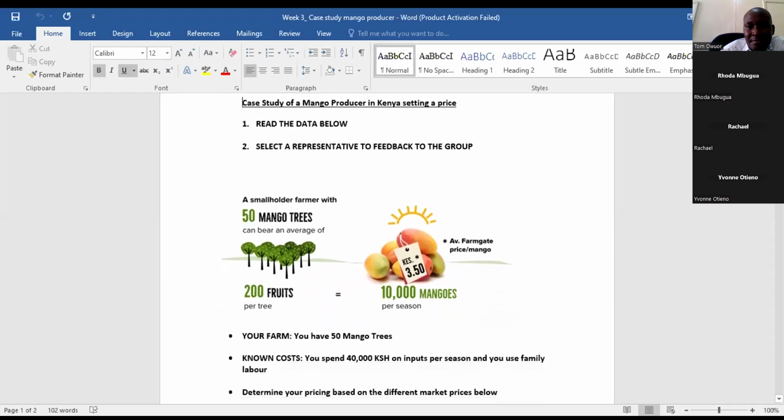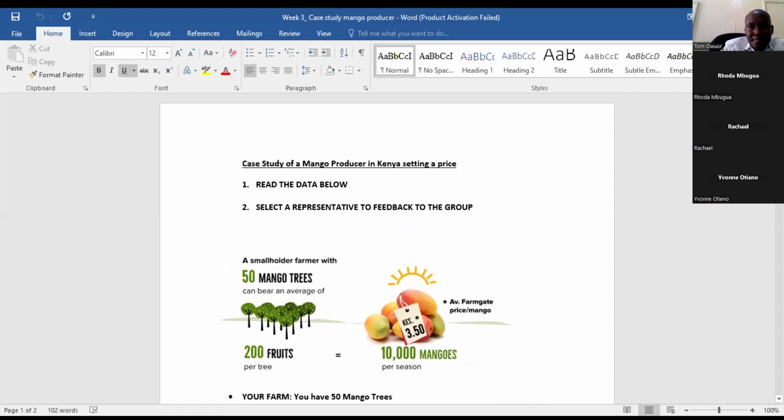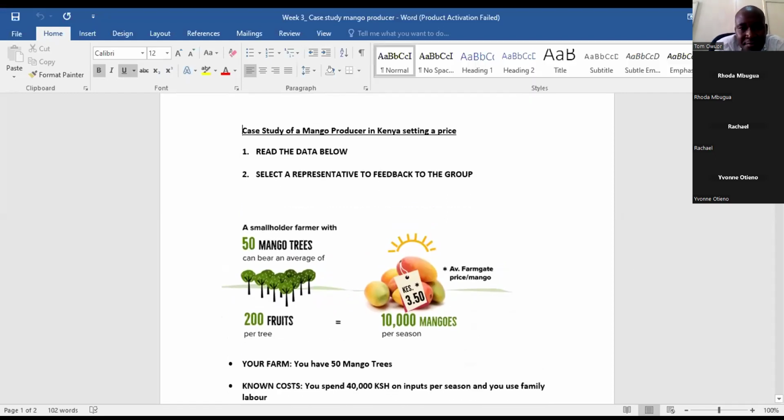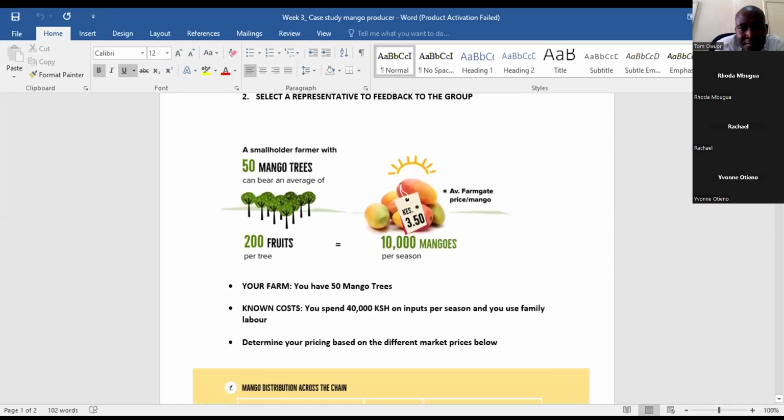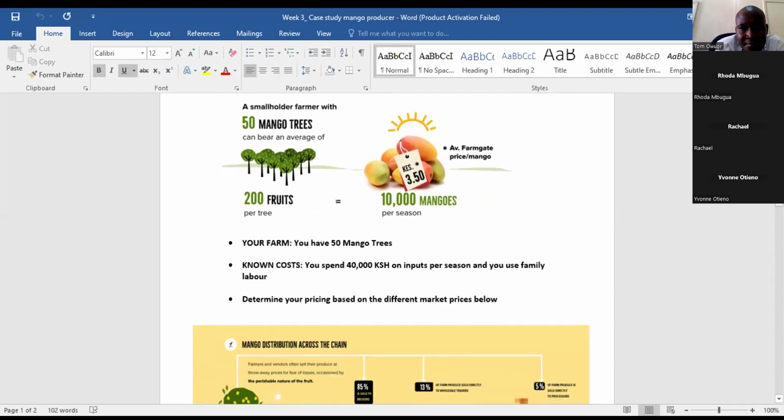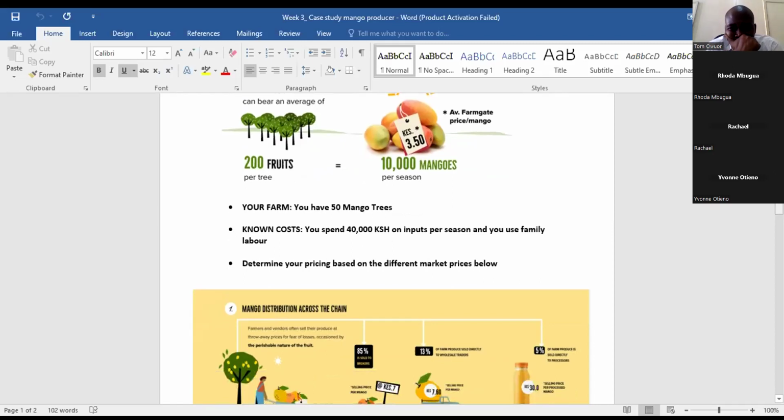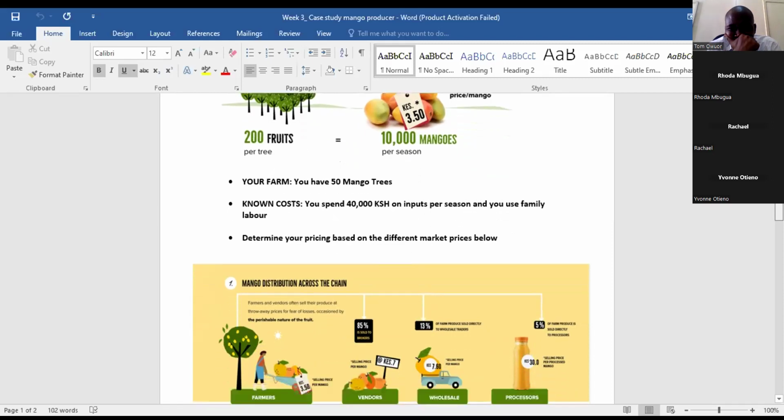A smallholder farmer with 50 mango trees. Per tree, the farmer is getting 200 fruits, and per season he's estimating to get 10,000 mangoes. He doesn't use any labor, just uses money on inputs, that is 40,000 Kenyan shillings.